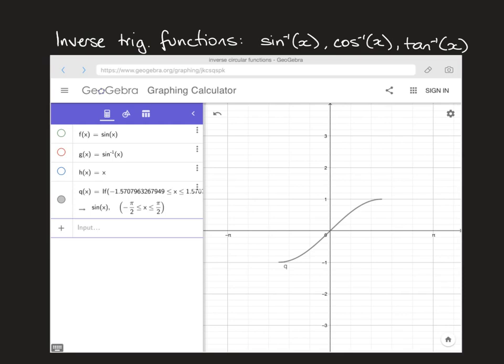And so that gives me all of the possible input values I would be having for my inverse sine function. Again, if I put the line y is equal to x in and reflect it across the line, you can see that I have now got an inverse sine function.